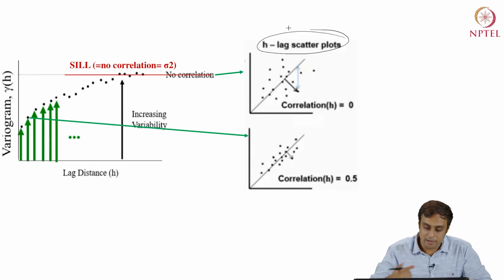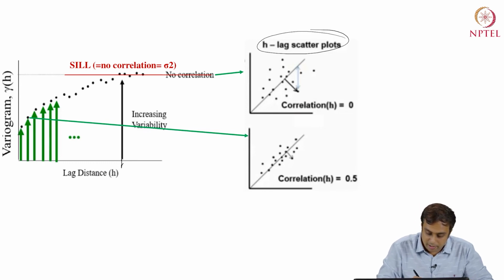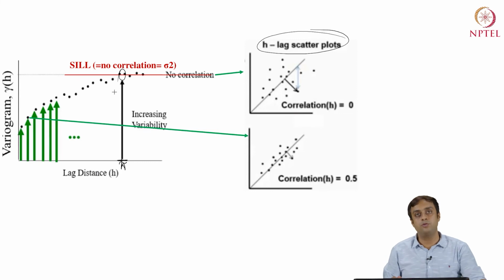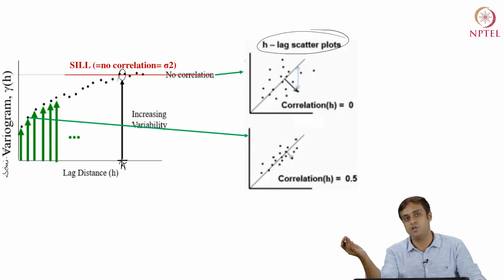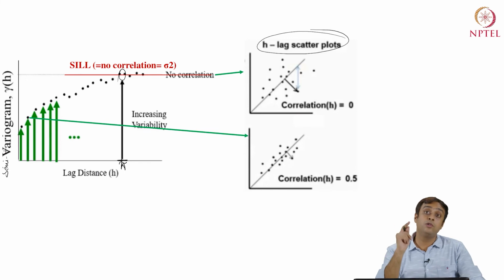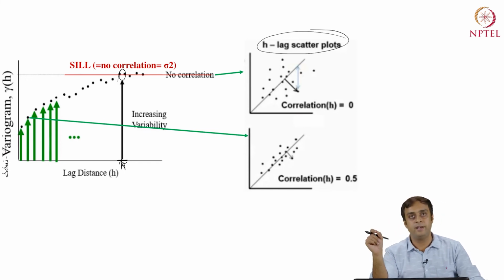So, consider what we are looking at on the left hand side. Let us say we collect our H value here. Let us call this H tilde. At this H tilde, you have a large variogram value. So, the 2 gamma H, or the gamma H, which is the semi variogram value, is quite large, right. At this level, we know there is no or little spatial dependence in the data.